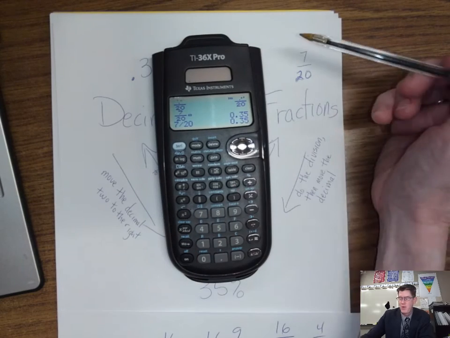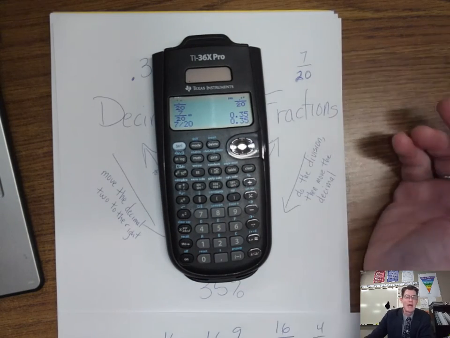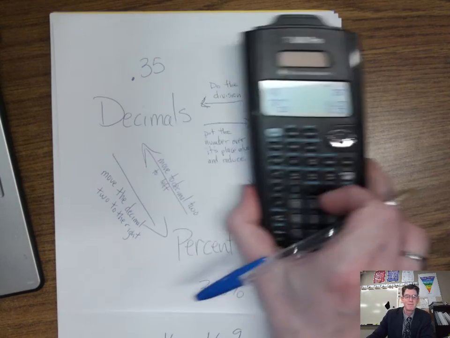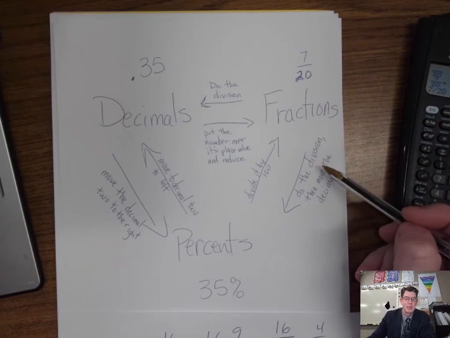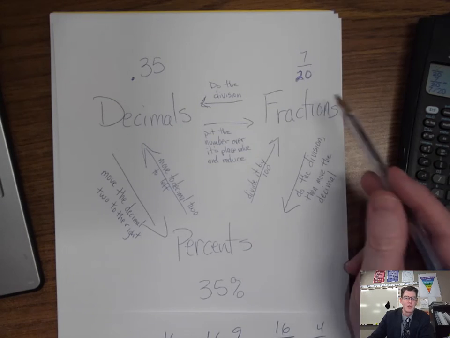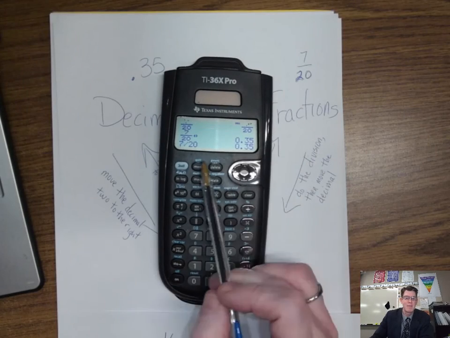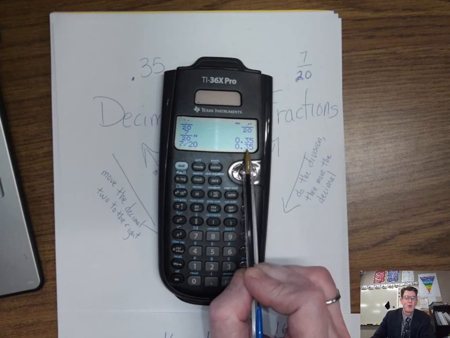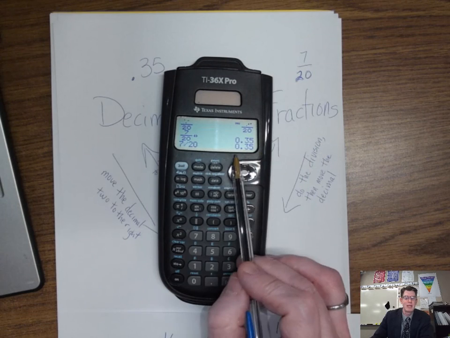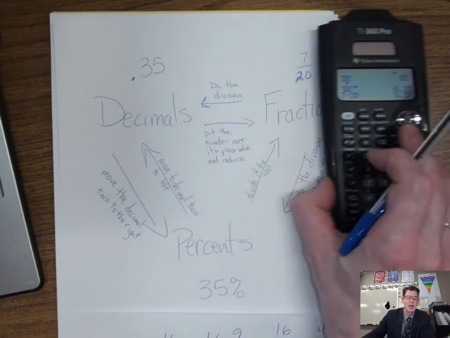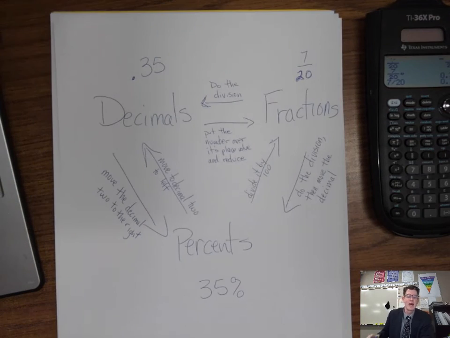And then on fractions to percents, do the division, then move the decimal. So if we do the division on that one, 7 divided by 20, there's 0.35. Then when you move the decimal like you did on decimals, just move it over 2 places, it becomes 35%.